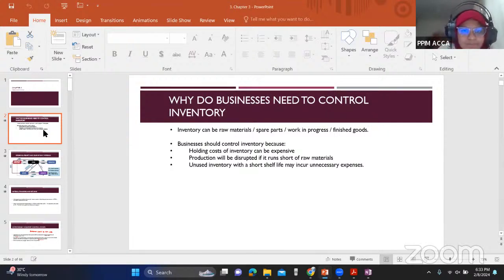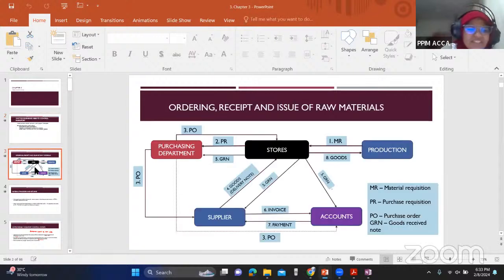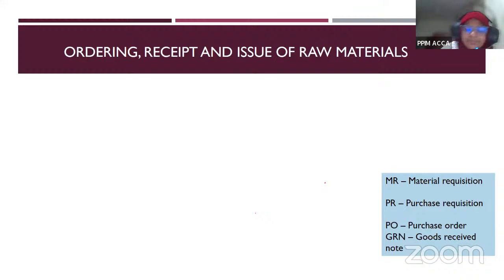So the first part that we talk about is the different documents that you have to raise when you need inventory in the factory or in the production department. I'll go through this really quickly. I don't want to waste time with it.